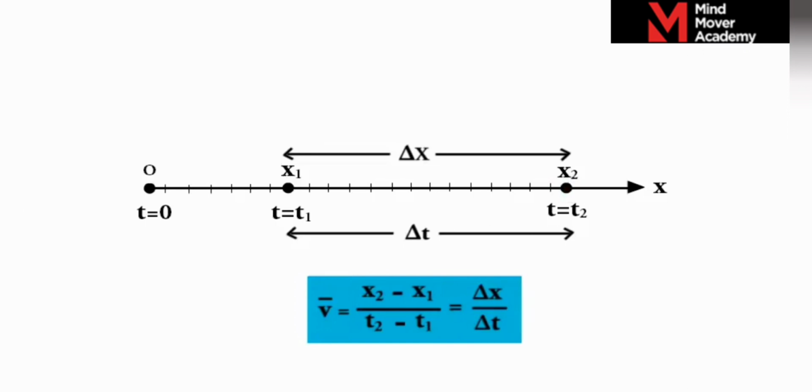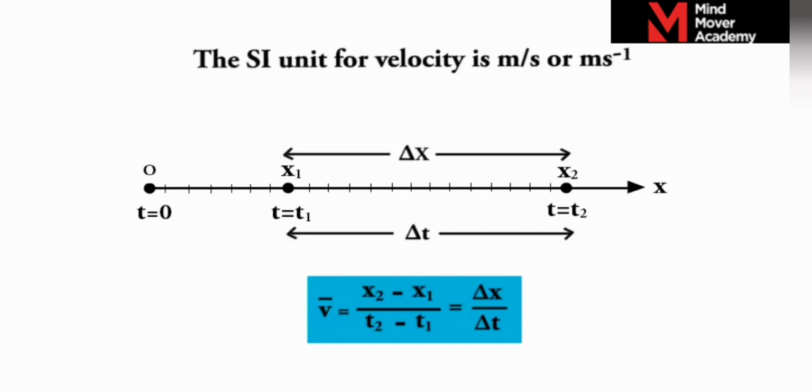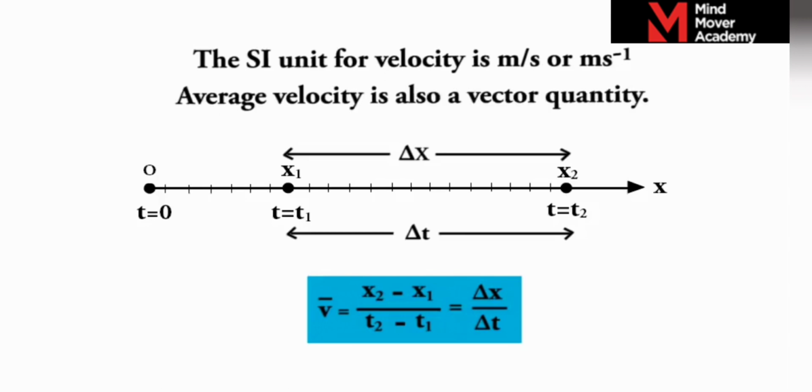V bar is equal to (x2 minus x1) upon (t2 minus t1), which is equal to delta x upon delta t, where x2 and x1 are the positions of the object at times t2 and t1 respectively. The SI unit for velocity is meter per second.